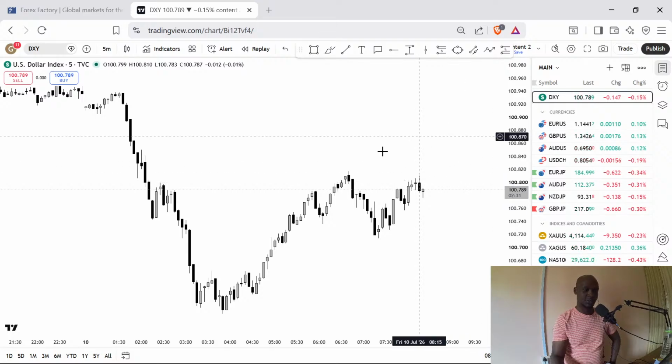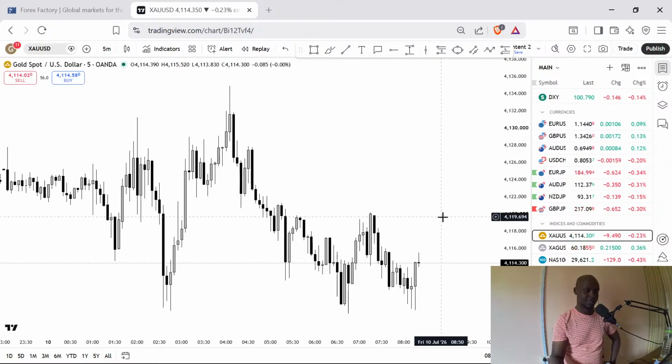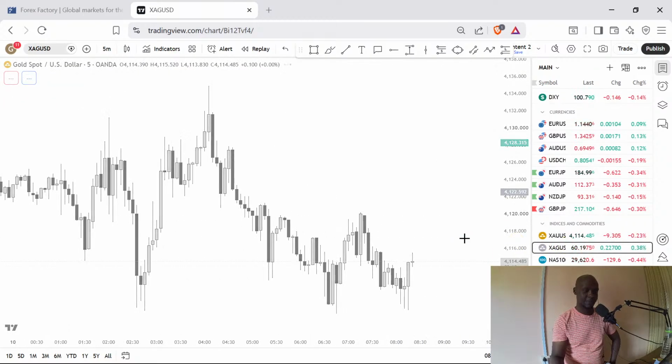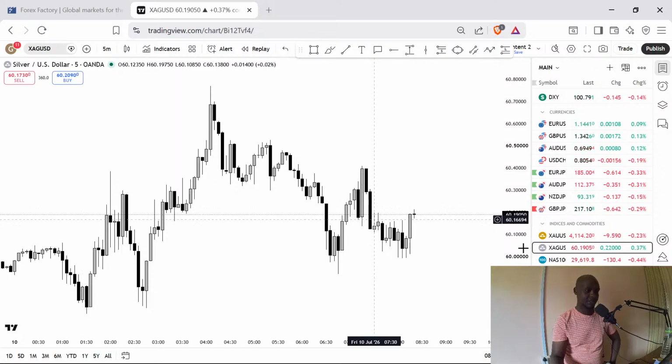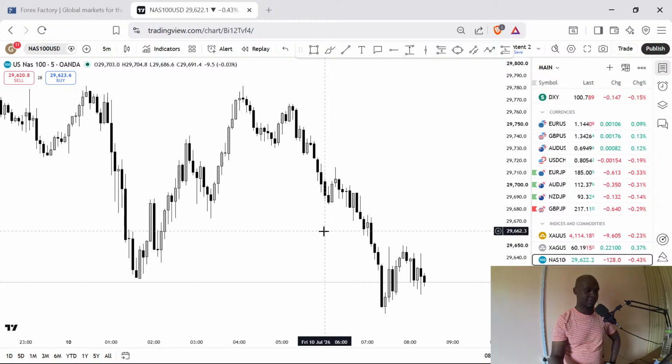So that rules out entries on most of the euro and the dollar denominated pairs, and even on the commodities I could not see the setups for the London session. At least I think they still need a little bit more development. They're just moving sideways. It's very messy price action.